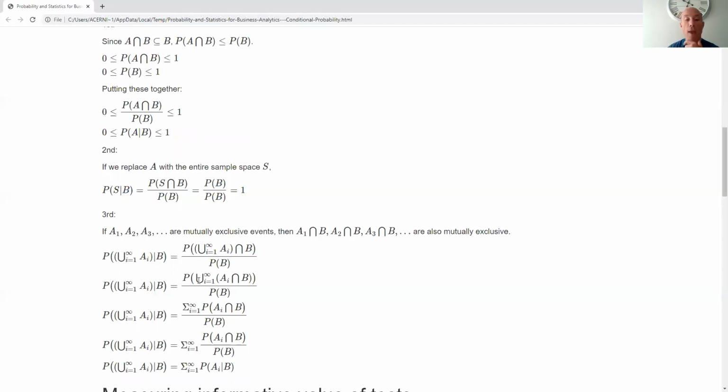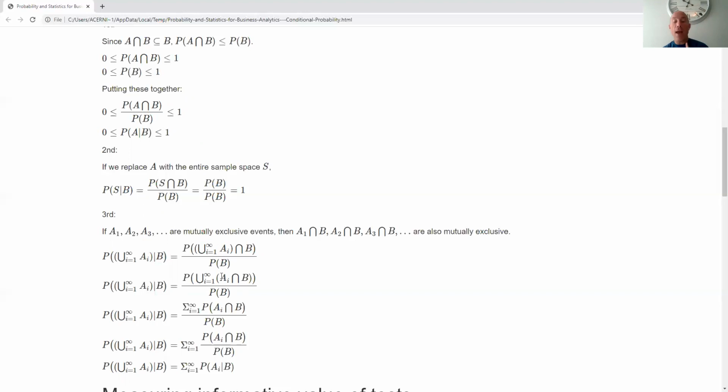Okay, so now I have this inside a probability. All right, so I have an intersection, and I have a union of multiple sets. There's a distributive property on unions and intersections, so I can distribute the intersection with B across all these.